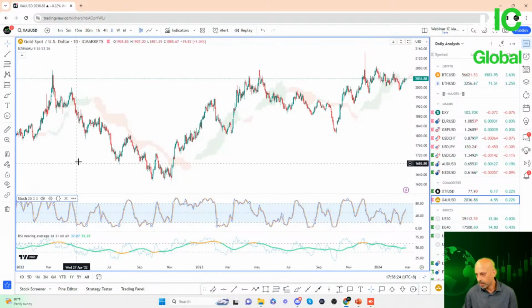So for the Ichimoku cloud, basically when the cloud is green in color and price is trading above the Ichimoku cloud, it indicates a strong bullish momentum. It's a momentum indicator. So when the cloud is green in color and price is trading above it, it tends to indicate a strong bullish momentum for price.